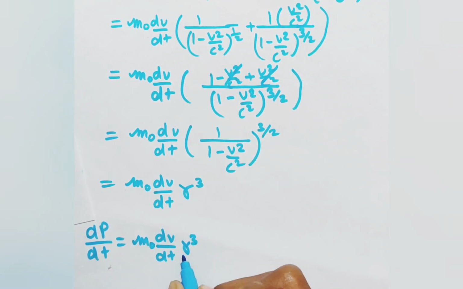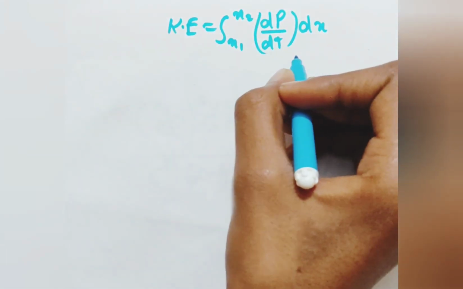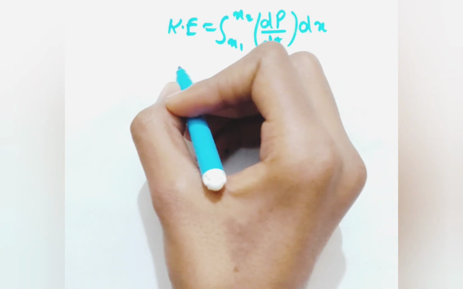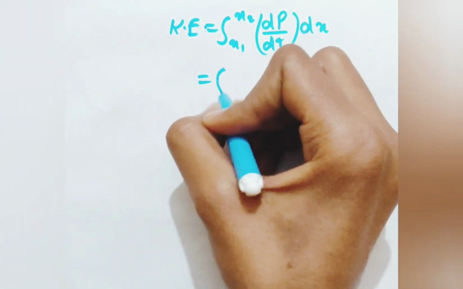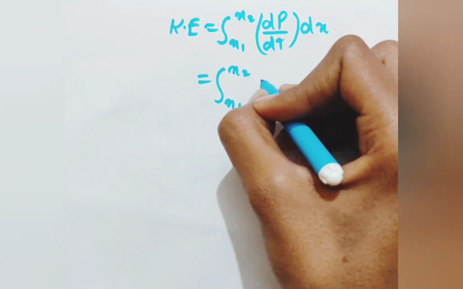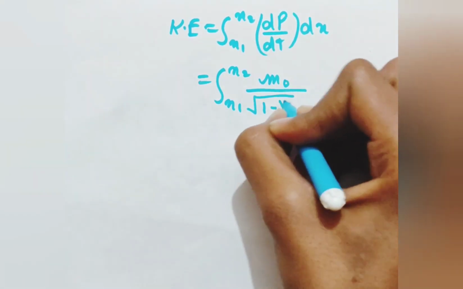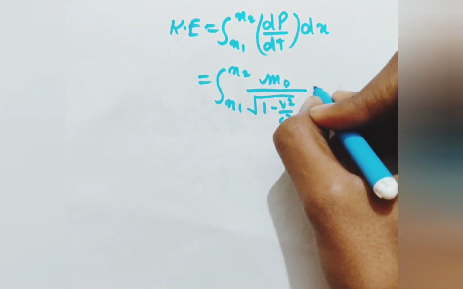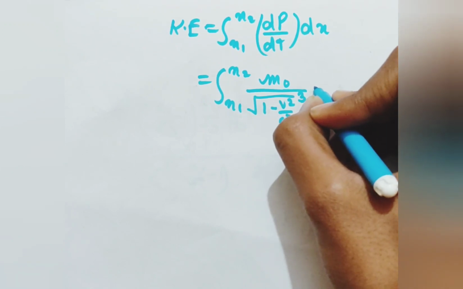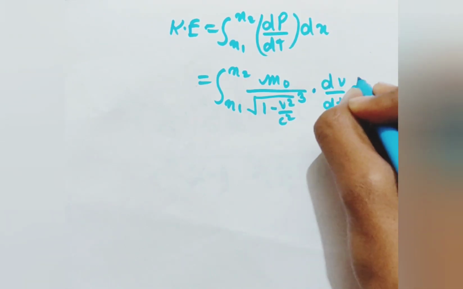Now we will substitute this equation in the kinetic energy equation. So we know the kinetic energy equation and we can just put in the value of dp over dt. If we do so, we get the integral from x1 to x2 of m naught divided by the square root of 1 minus v squared over c squared, cubed, multiplied by dv by dt dx.